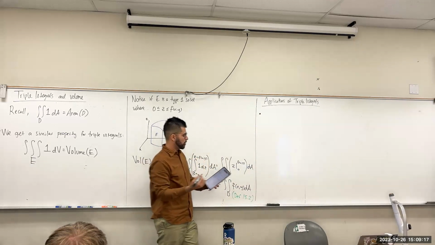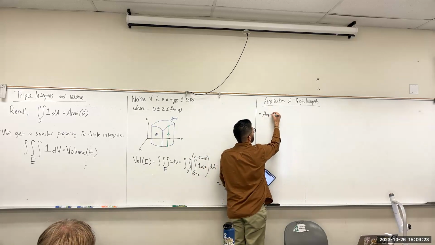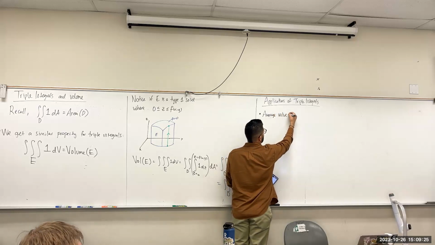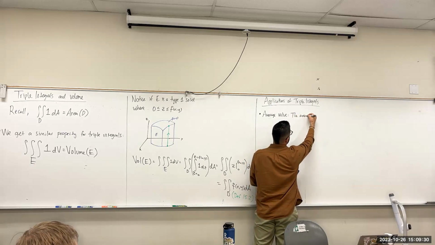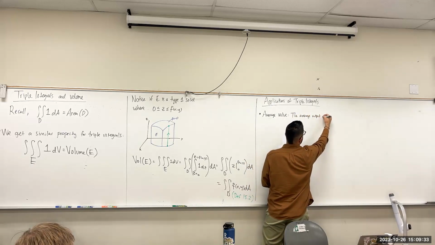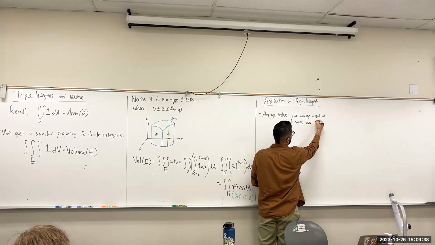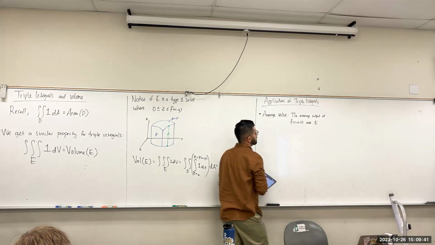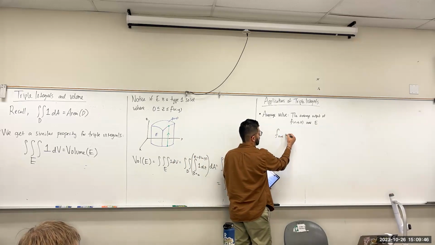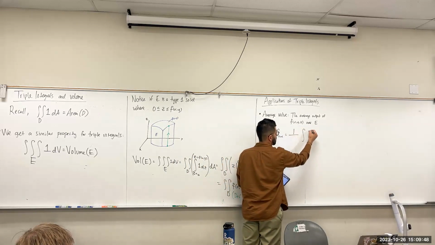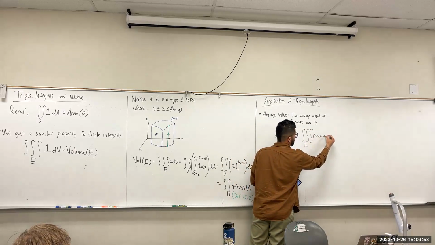One is similar to what we've been doing, which is average value. So the average output of f of x, y, z over a solid is 1 over something, times the triple integral of the function, dV.